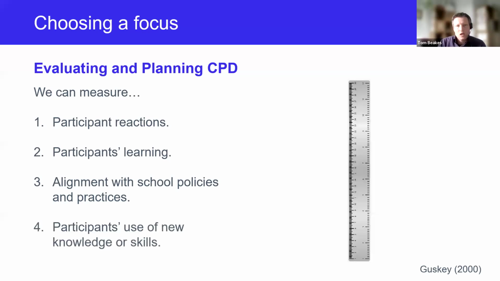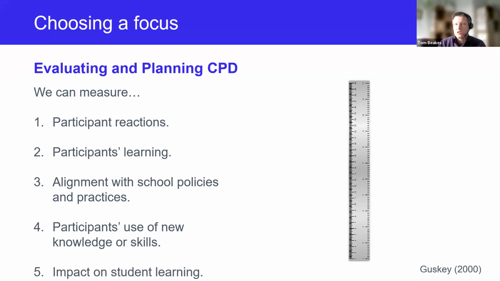And fourth, you may also want to measure how the participants or the recipients of the CPD are using their new knowledge or skills, which would typically involve maybe some kind of classroom observation. And lastly, and probably most importantly, but also most difficult, most fraught, is measuring the impact on student learning.